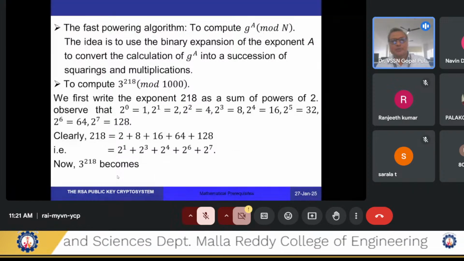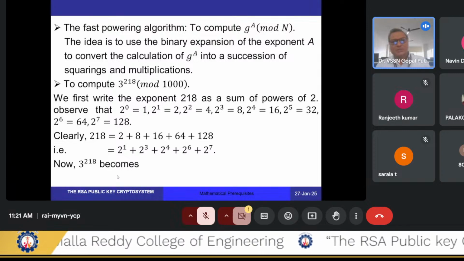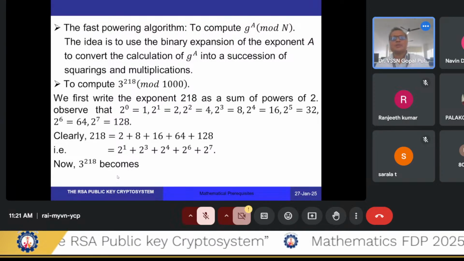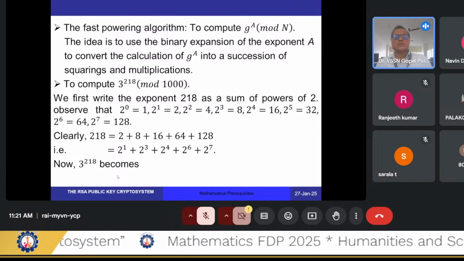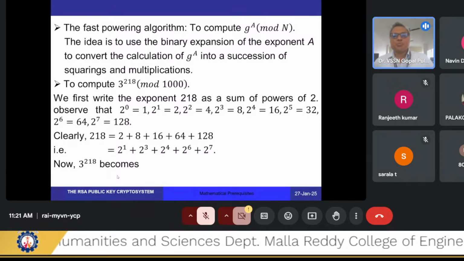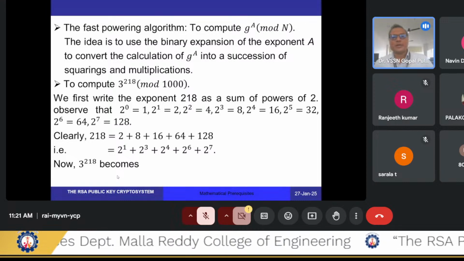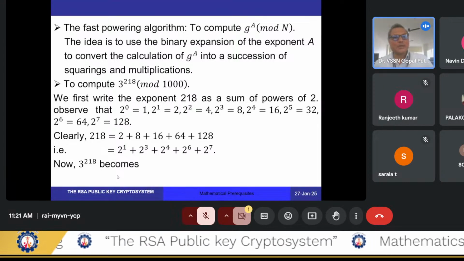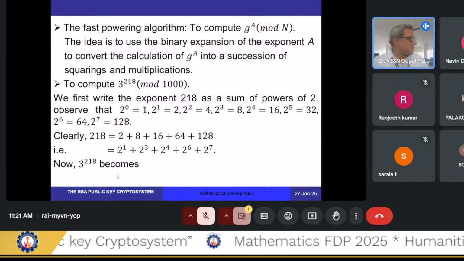This again is crucial for our talk. Our interest in this algorithm is to compute g power a mod n. So what is the basic idea here?